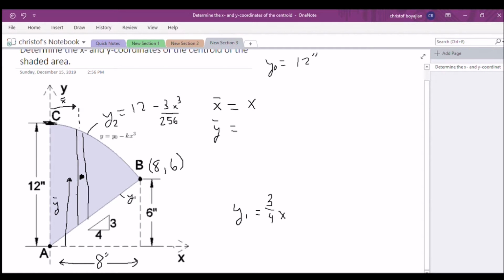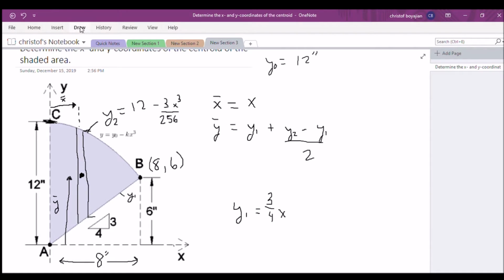So this distance is going to be our distance up y1, which is basically this equation, plus half of this distance right here. It's half of this distance. Now, what is this distance? Well, this distance is our y2 minus y1. So y2 minus y1, and we're having that distance, right?